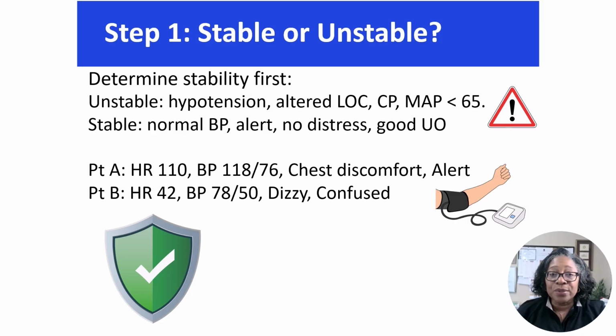They're confused. The NCLEX wants you to notice that B is the problem. Their heart rate is low, they're dizzy and confused because the brain is more than likely not being perfused. So even though patient A has chest discomfort, the cardiac priority is about perfusion.